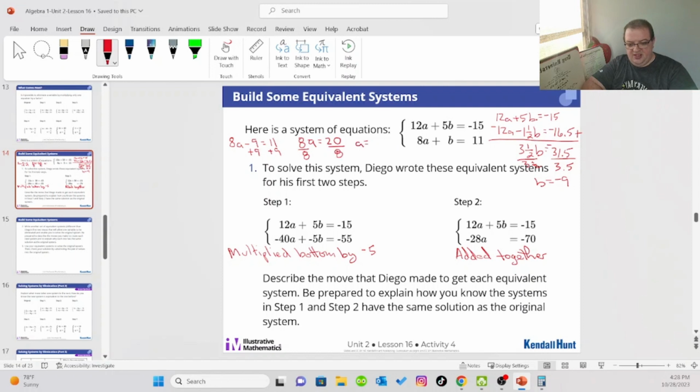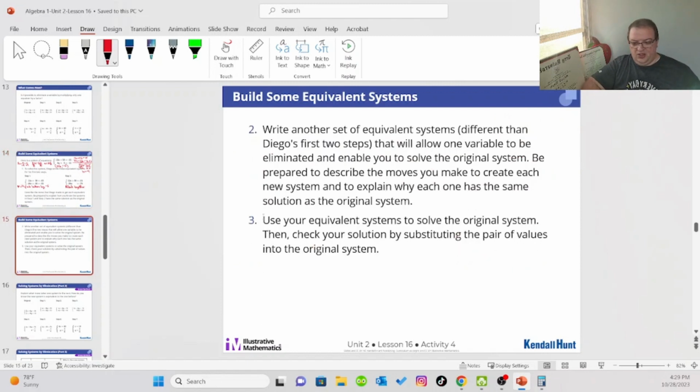And a equals 2.5. So our answer would be (2.5, -9). Use your equivalent systems to solve the original system, then check your solutions by substituting the pair of values into the original system.